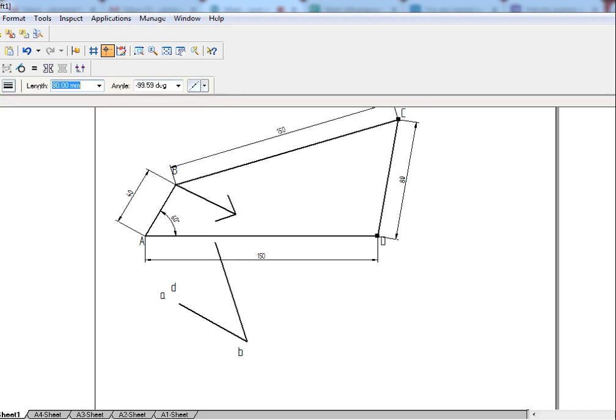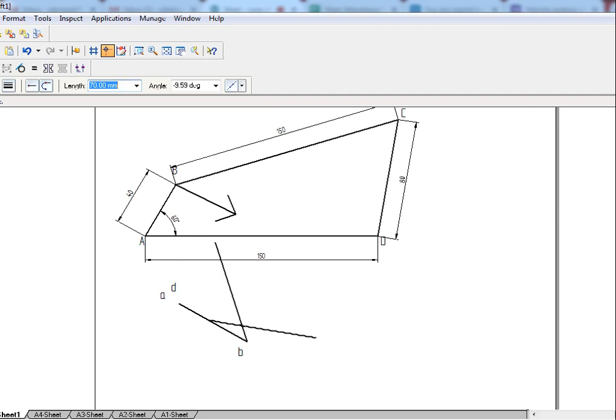How much are you getting? Tell me the angle. 9.59, sir, so minus 9.59. We'll take some suitable length. Okay, so this is perpendicular, you can see.